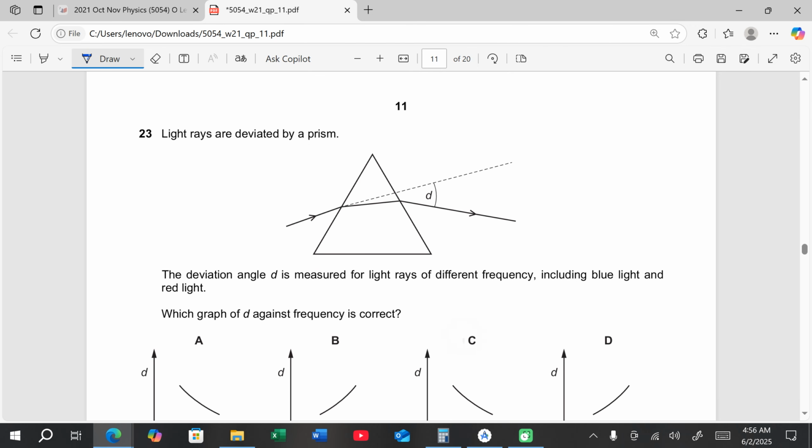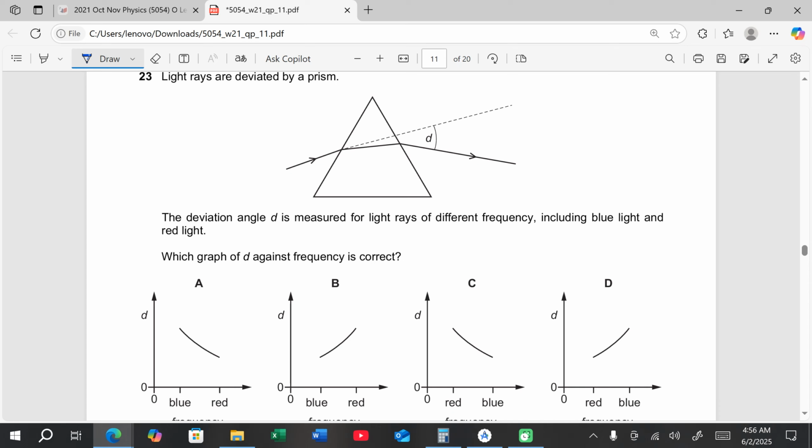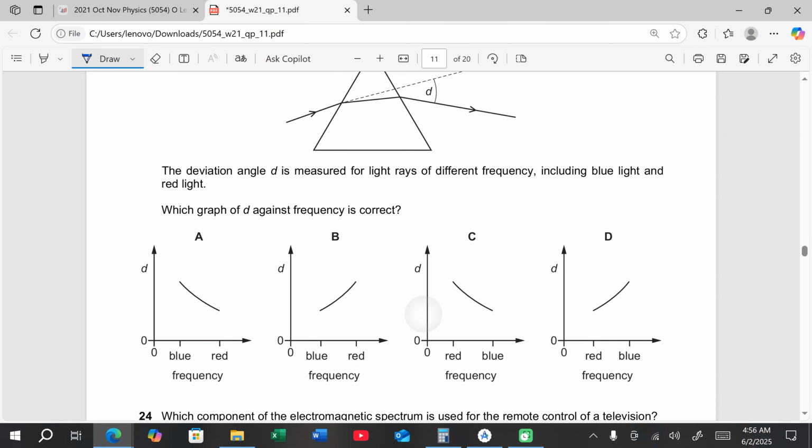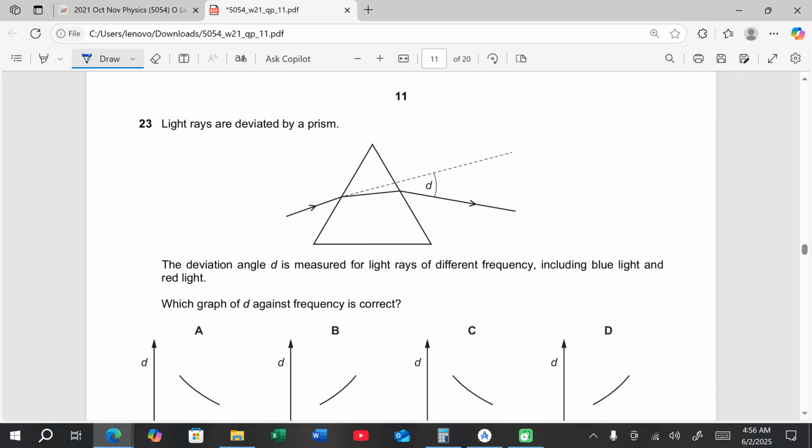A ray of light is deviated by the prism, and the angle of deviation is measured for light of different frequencies, including blue light and red light. Which graph of D against frequency is correct? First of all, for the angle of deviation, you need to remember one thing: whenever it is a prism and it splits the light, this is red and this is violet.